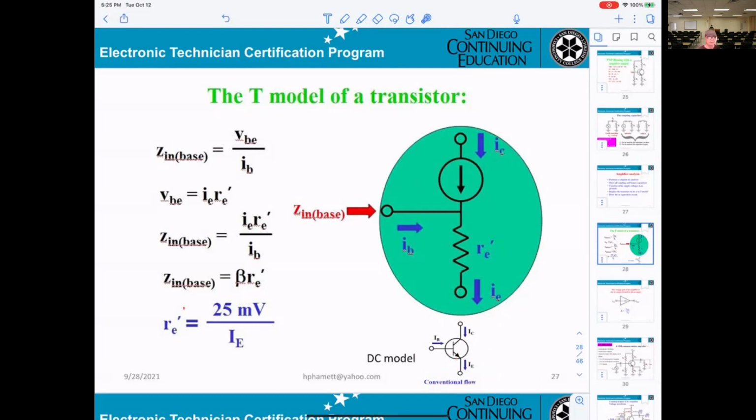However, in the AC model, they don't have the diode anymore. They substitute it by a resistor, and that's what they call r prime e. And r prime e is calculated by this formula: 25 millivolt divided by IE.